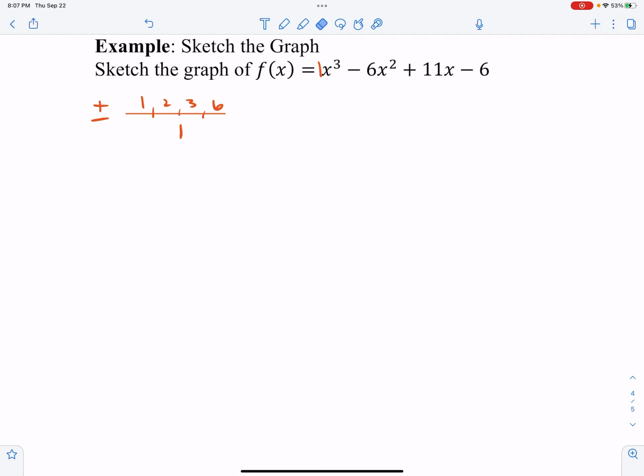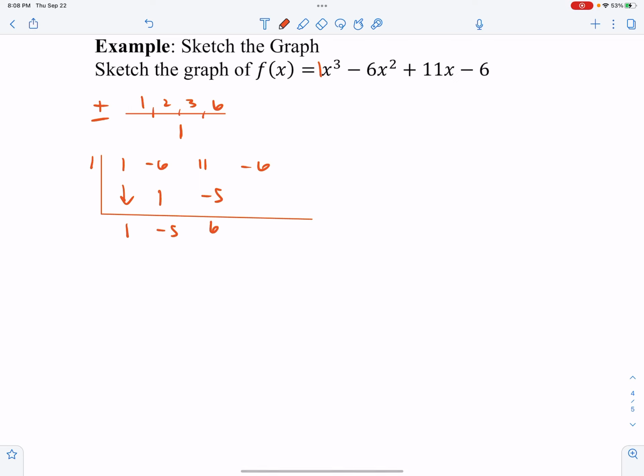I'm going to start with 1. So putting the coefficients there for our synthetic division, bring the 1 down. 1 times 1 is 1. -5.